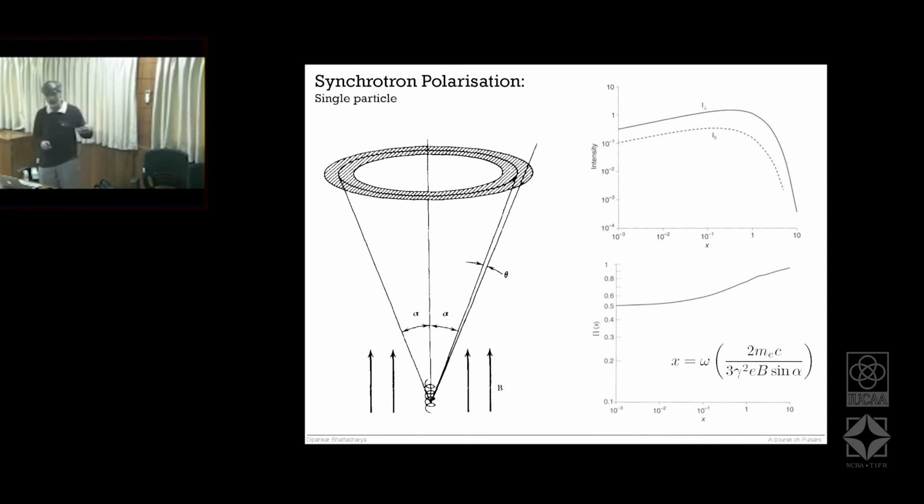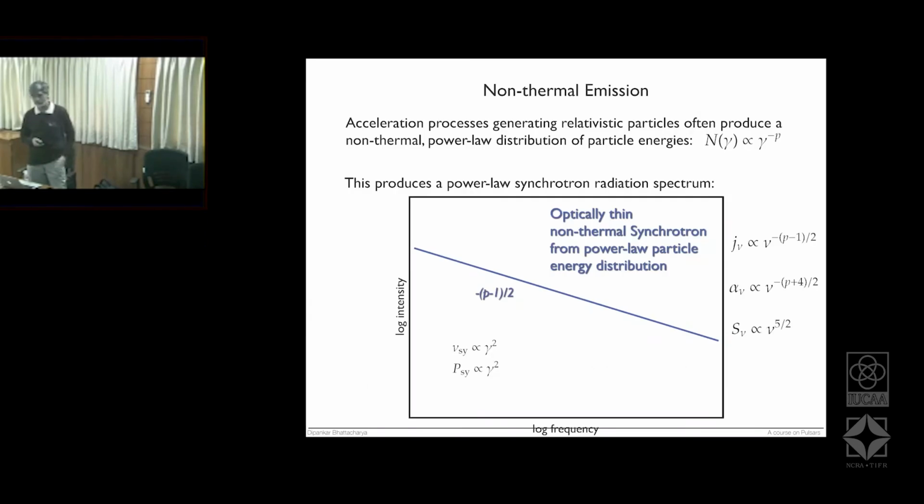But depending on the energy distribution of particles, you will average it differently, and that can change the net degree of polarization. It can reduce it a bit, but the amount of reduction will depend on the spectral index.